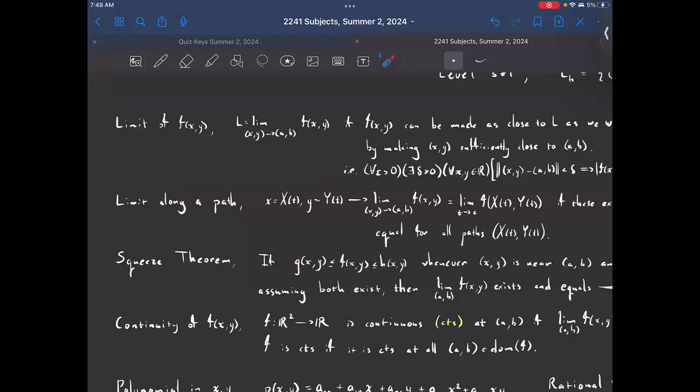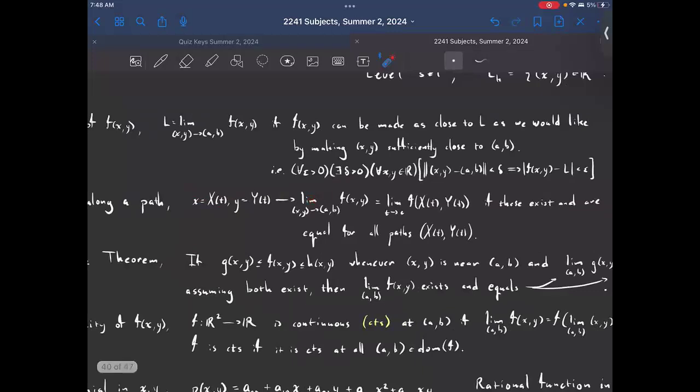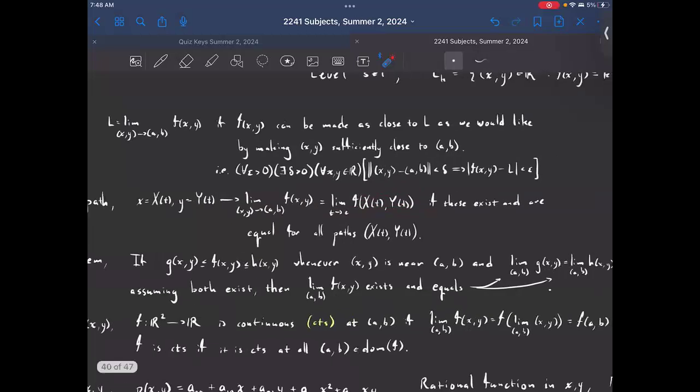But that is something that we have to contend with here. So typically we'll have our functions parameterized in some way, x as some capital X of t and y as some capital Y of t function. And we say, all right, the limit as (x, y) goes to (a, b) of f of x, y is equal to the limit as t goes to some parameter c of f of the parameterized functions, if these limits exist and are equal for all paths X(t), Y(t).